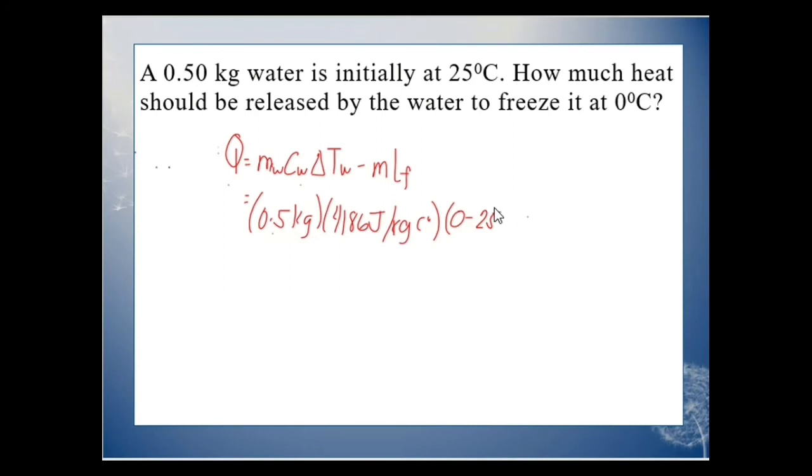If you interchange that, your answer will be wrong. So again, it's always final temperature minus initial temperature. So the unit is Celsius degree. Minus, we have here the mass of the water is 0.5 kilogram. So let's not use the calorie per gram because the unit is in kilogram.